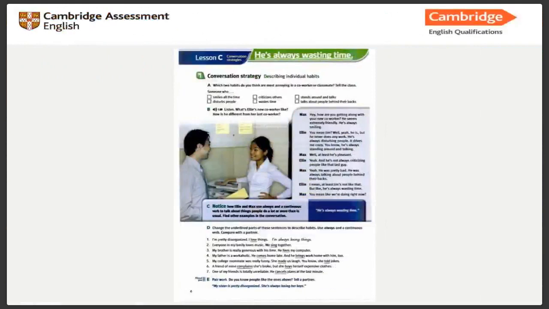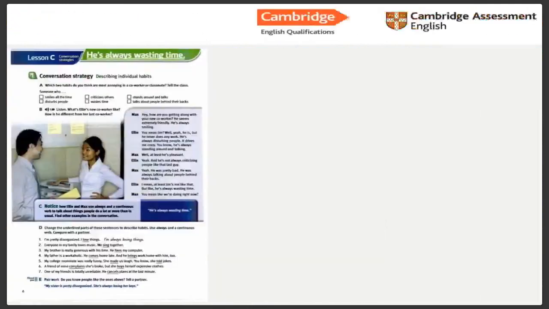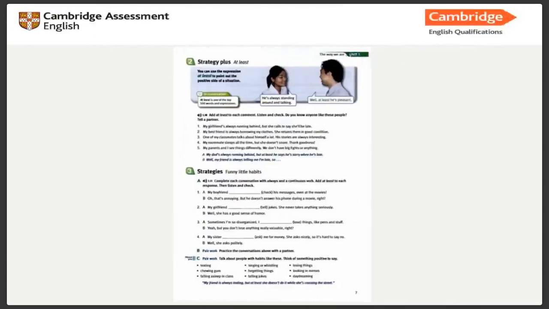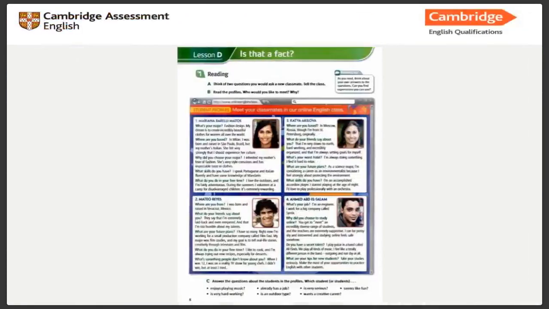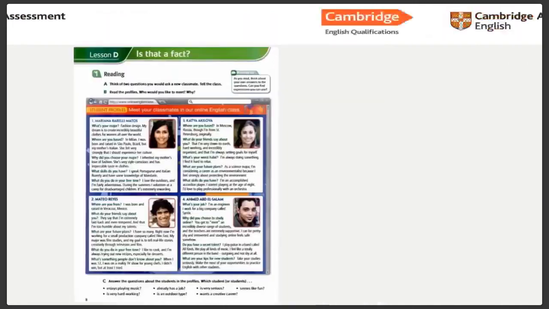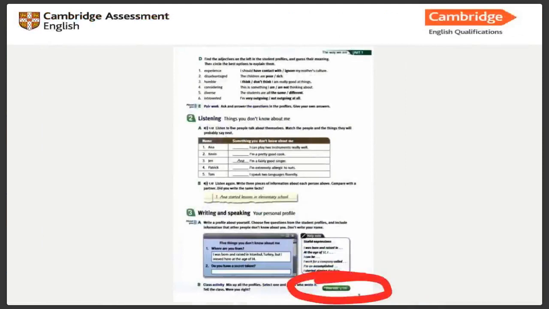Lesson C of each unit covers conversation strategies, listening and speaking, again over a 2-page spread. Finally, Lesson D involves all 4 skills of reading, listening, writing, and speaking. There will also be a reference to the free talk activities at the back of the book.